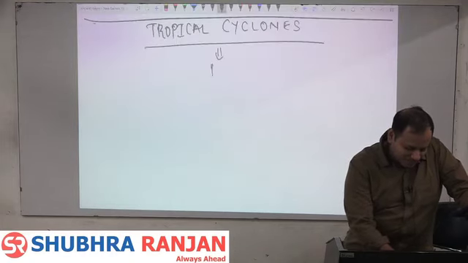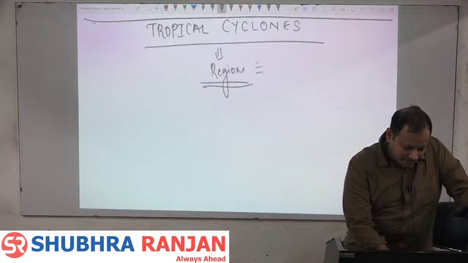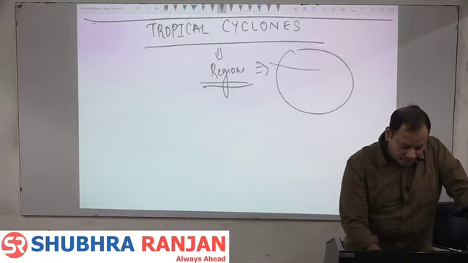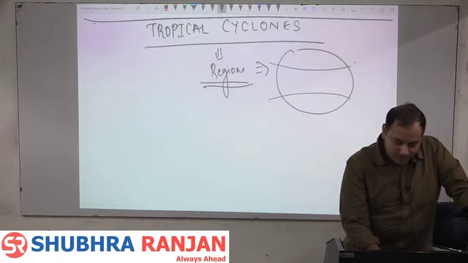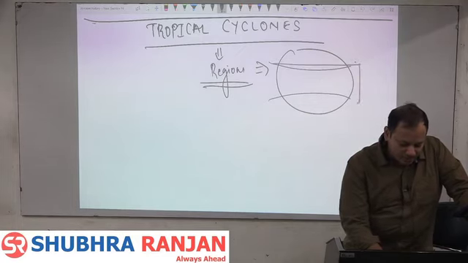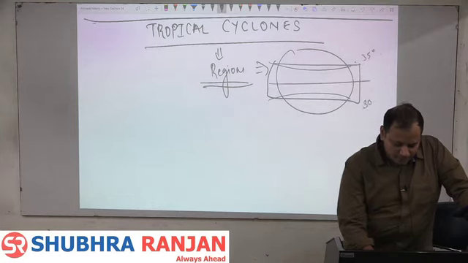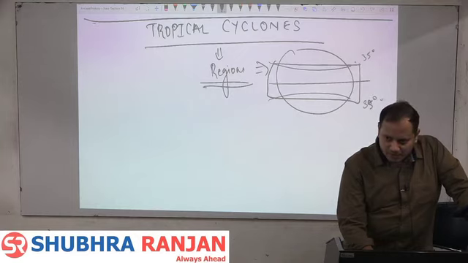Tell me regions. Latitudes. What are the tropics? Therefore, the name tropical cyclone. So, what are the latitudes between the tropics? 23.5 degree north, 23.5 degree south, but थोड़ा बहुत it will occur between 30 to 35 degrees, or it will go up to 35 degrees north and south.